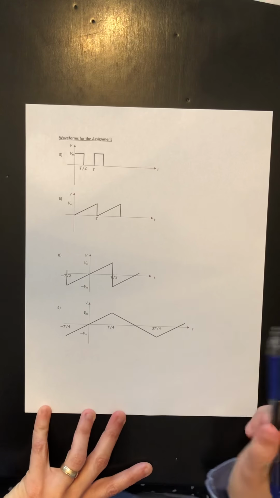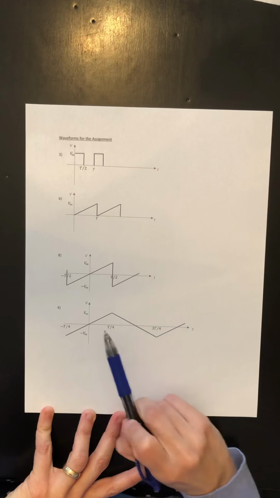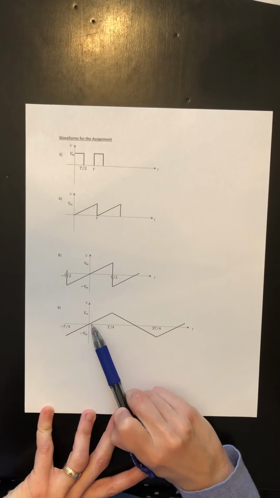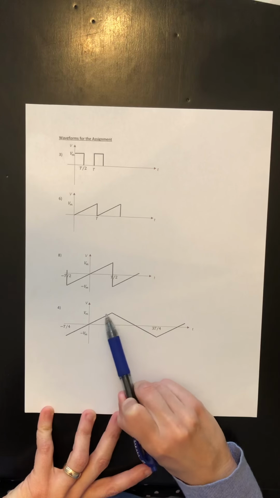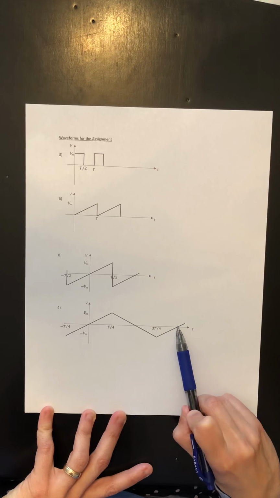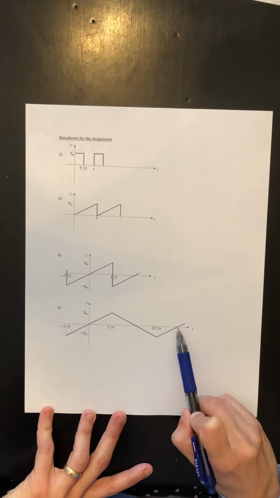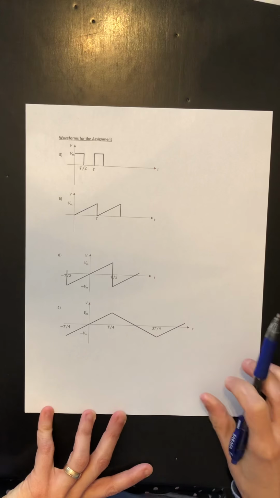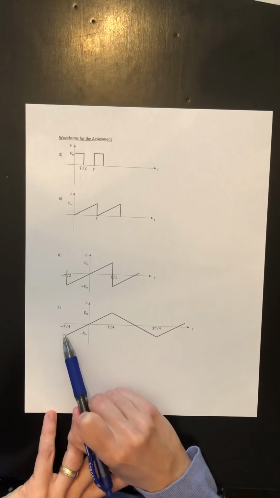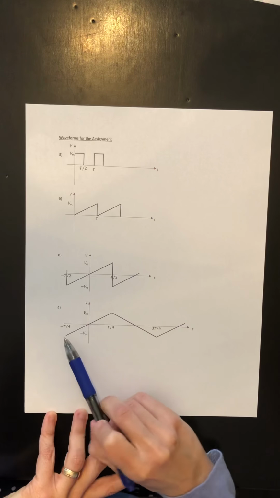Similarly, when you go and try problem 4, if you start here at 0, you would have to do 1 piece, 2 pieces, and a 3rd piece. Because again, you need all parts of this cycle. However, by shifting our starting point to negative t over 4, negative 1/4 of the period, you will do it in 2 pieces.